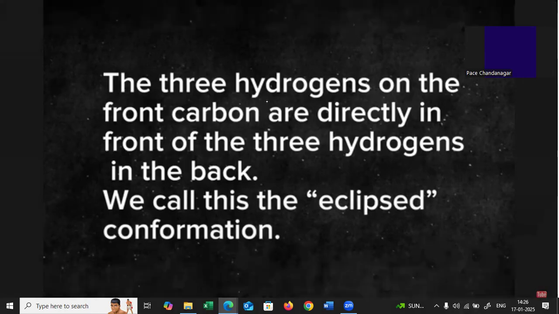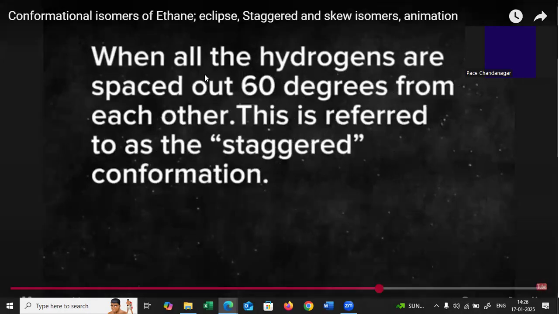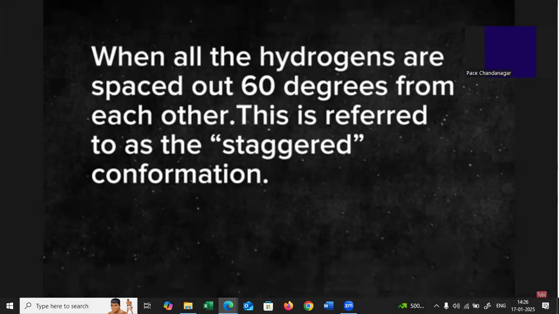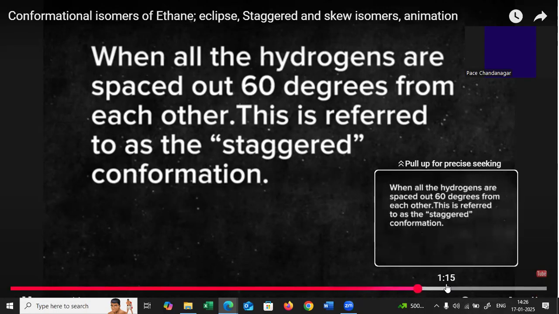And then you get a staggered configuration when all the hydrogens are spaced out at 60 degrees from each other, the hydrogens of the back carbon and the front carbon. If they are at 60 degrees to each other, then it is said to be the staggered configuration.